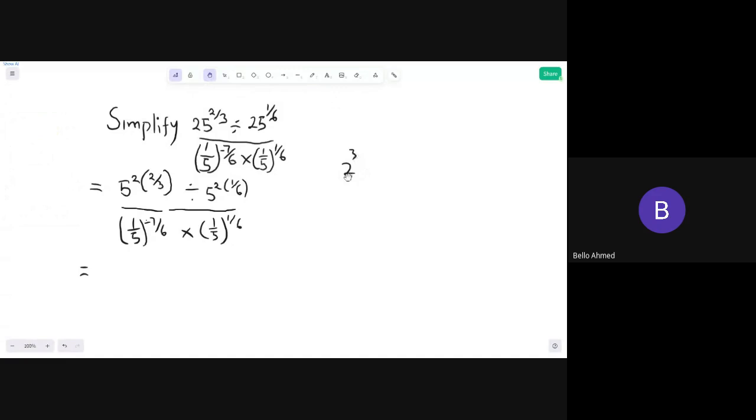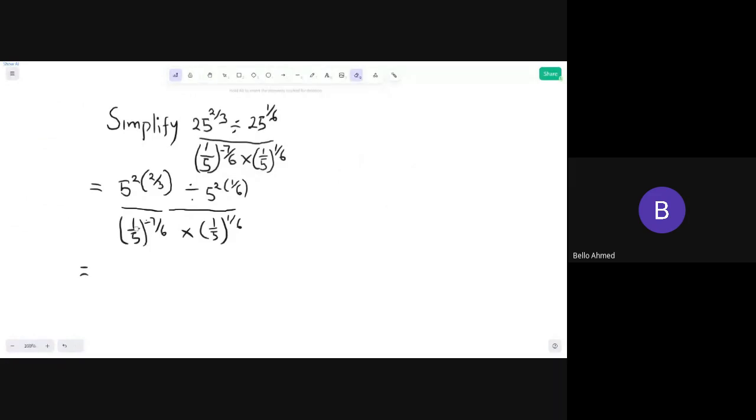Now, our base is a whole number. But you can have maybe 3 over 2, everything raised to the power of 5. Then this 3 over 2 becomes our base.